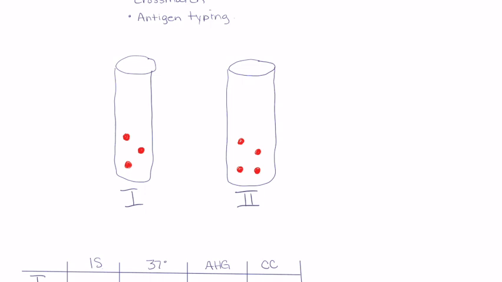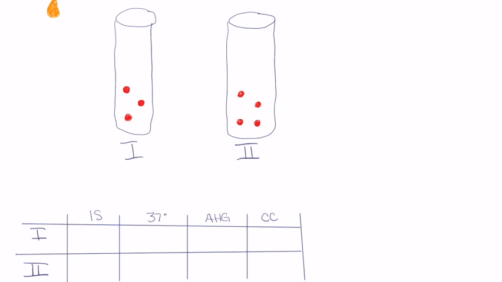Now what we're also going to add is, here's our patient plasma. And I'll draw that like a drop. Okay, so we have our patient plasma here, and we want to put actually 2 drops of patient plasma into tube 1 and 2 drops into tube 2.